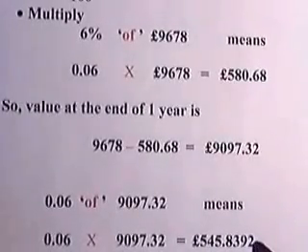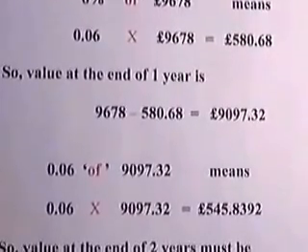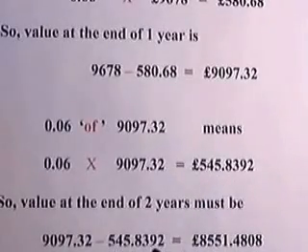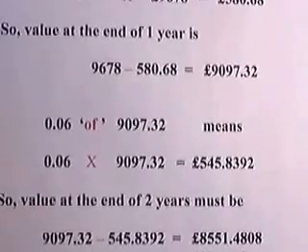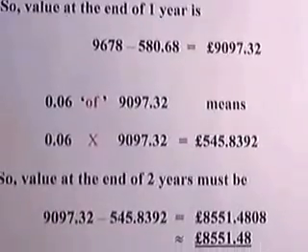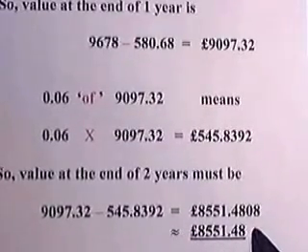In other words, at the end of the second year, it's lost this amount. So to find the true value at the end of the second year, we've got to take this amount away from the value at the end of the first year, and finally we get that answer, or to the nearest pence, £8,551.48. That's the value at the end of the second year.